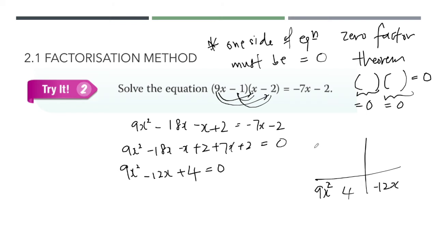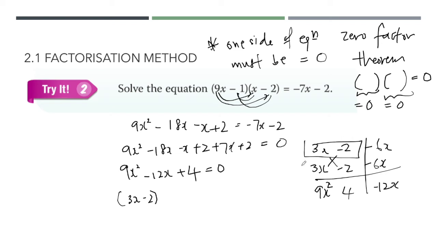This comes with a bit of experience or trial and error. So I'm just going to try 3x and 2 and 2. Okay, that means this is 3x minus 2.